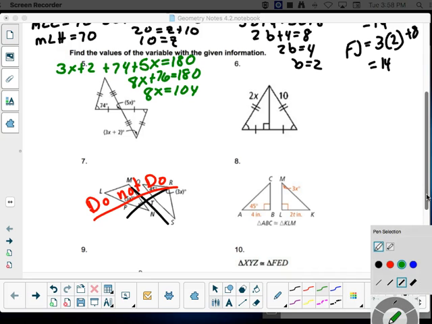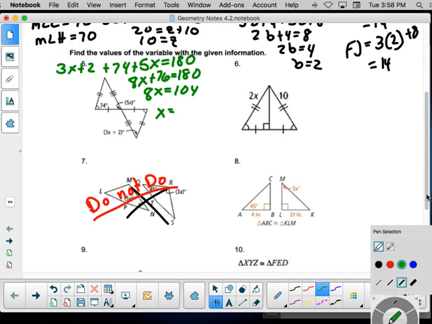Dividing by 8, I will get x is equal to 13. So let's check out some values here. 5x, putting 13 in, is going to give me 65. So it's 65 degrees here, my bow ties.